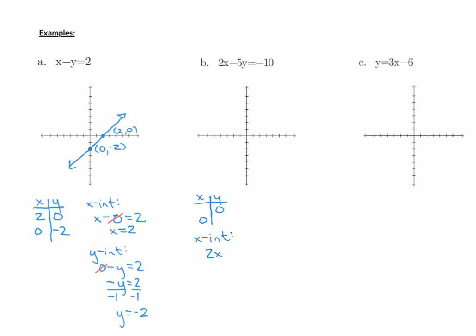We get 2x minus 5 times 0 equals -10. My y term cancels, leaving me with 2x equals -10. Divide by 2, and we get x equals -5.